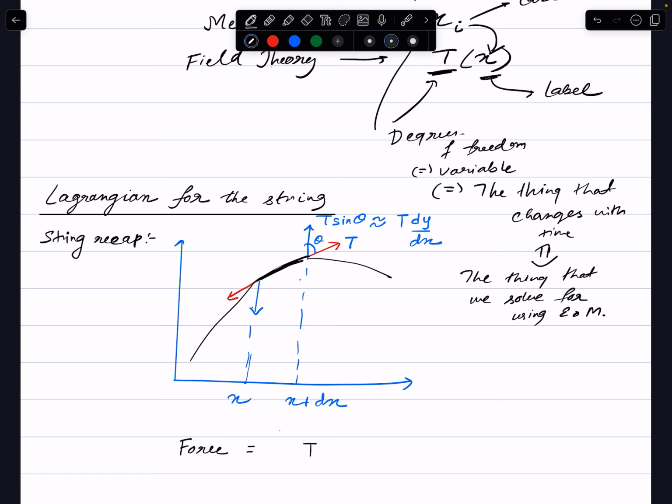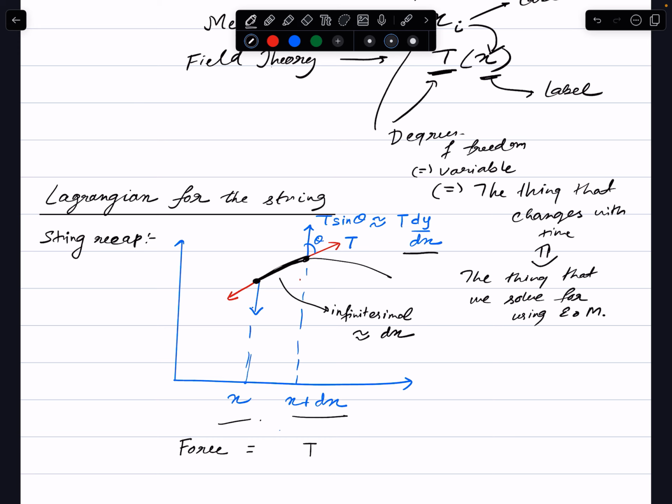So there is a force of tension acting along the left, along the right, and we want to find the net force. So this is some infinitesimal portion, some dx. This point is at some point x, this point is at some point x plus dx, this is T. We are considering only the vertical motion here, and so with the angle theta, the vertical force is T sine theta, which you can show for small angles is T dy/dx.